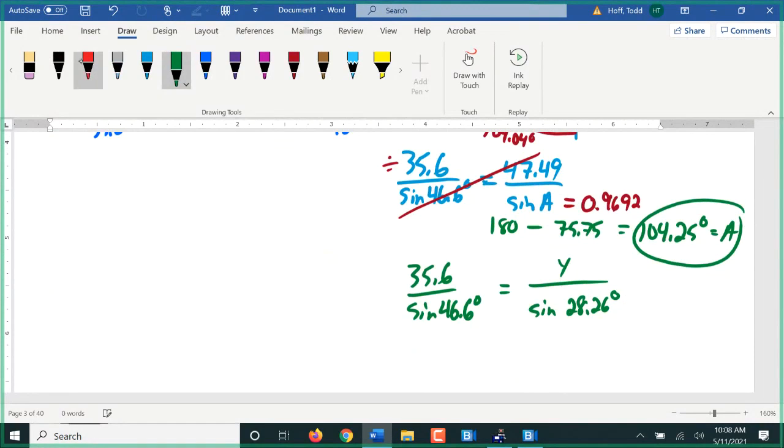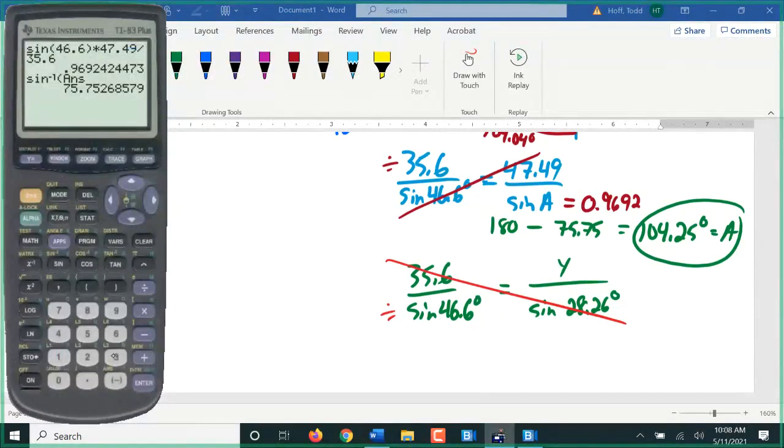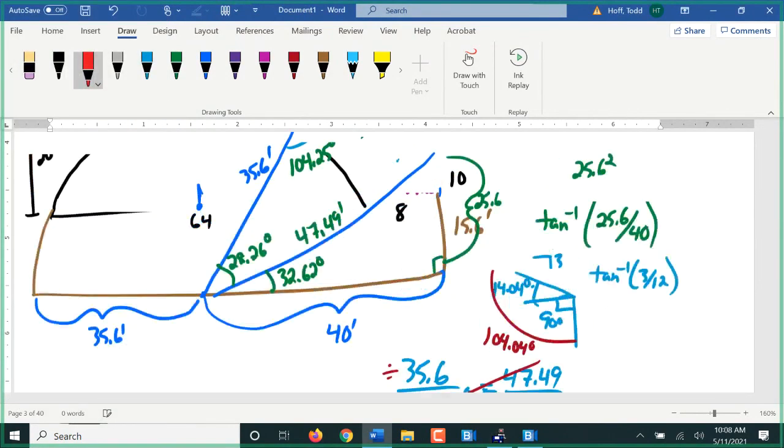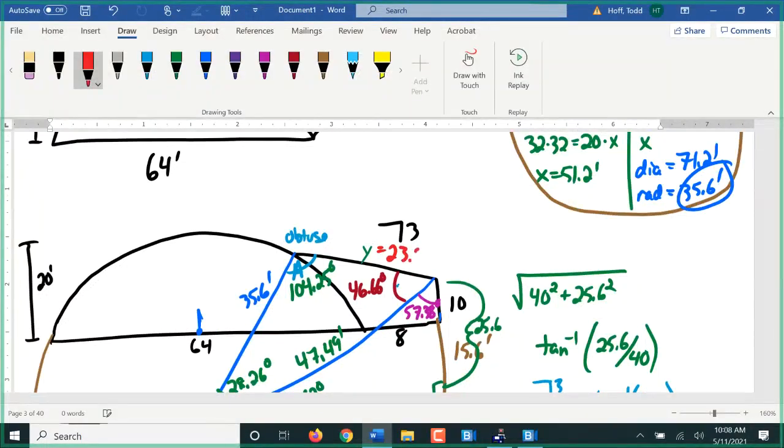And I'll cross multiply and divide. 35.6 times sine 28.26, make sure we close that parentheses, divided by the sine of 46.6, gives us 23.20 feet. So this is 23.20 feet. I'm going to need that length later when I do my roof area. That's going to be an important length to us.